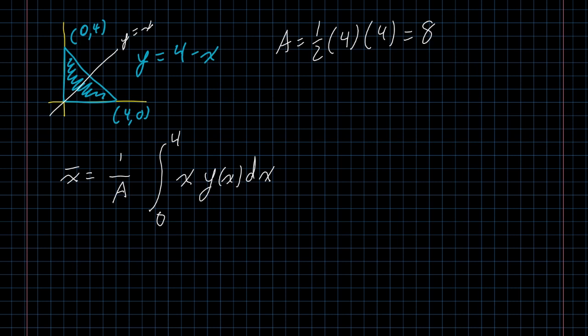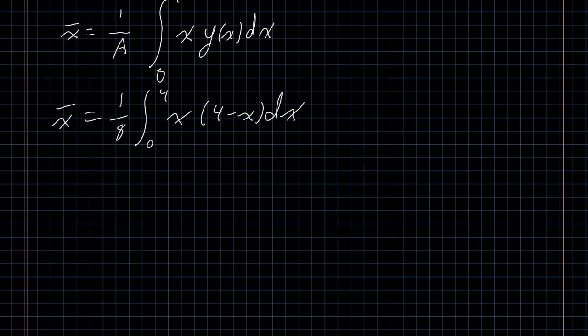So my integral, my average value of x, is going to be 1 over 8 times the integral from 0 to 4 of x times 4 minus x dx. I guess I should distribute before I try to do anything else. So it's 4x minus x squared.